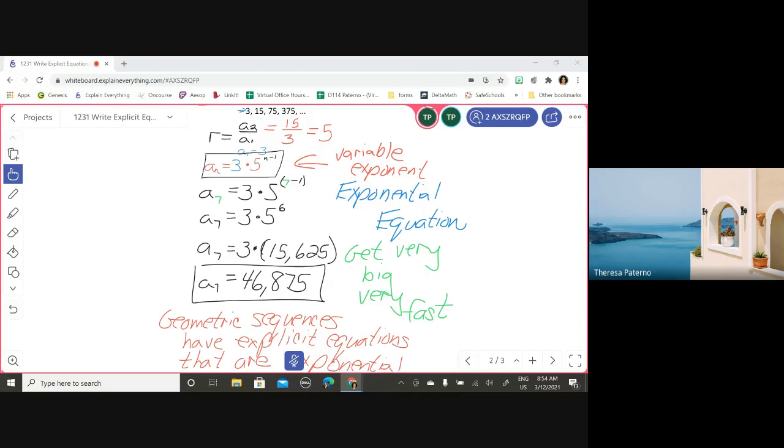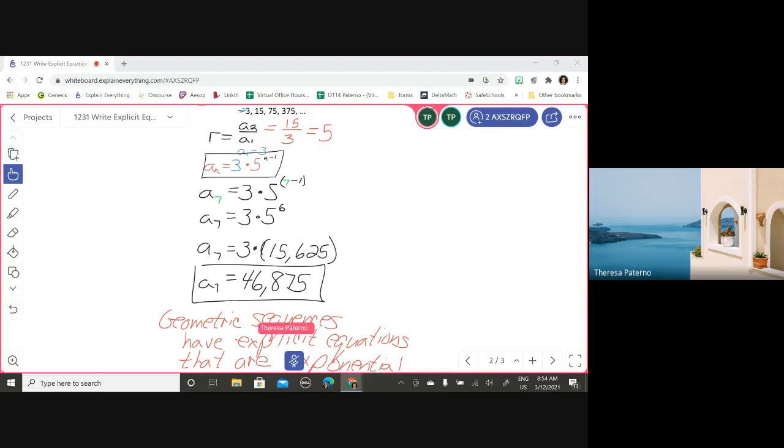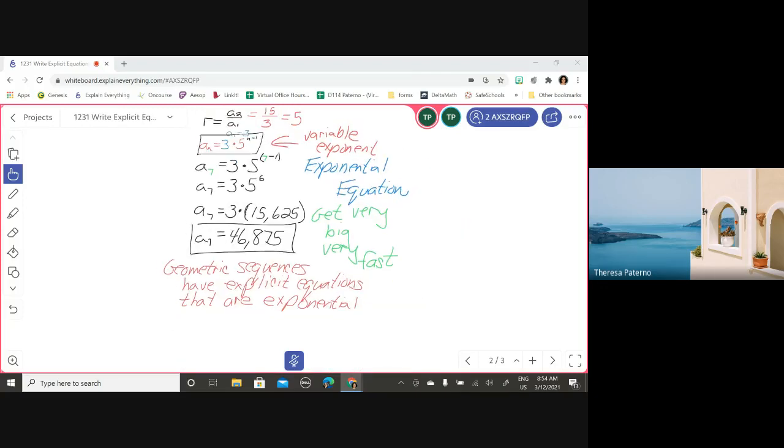Geometric sequences get very big very fast. See how big our answer is for the seventh term, 46,875. It's not unusual to get big numbers when you are finding a particular term in a geometric sequence.